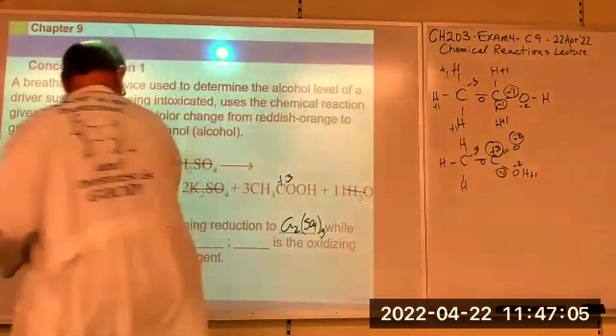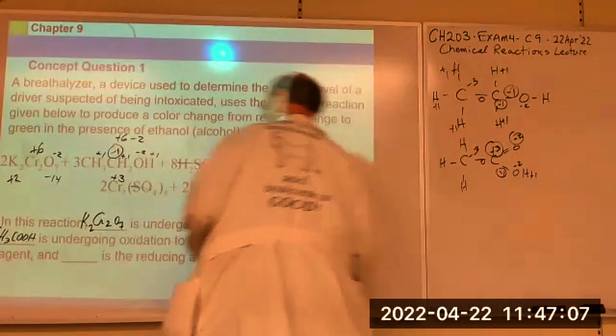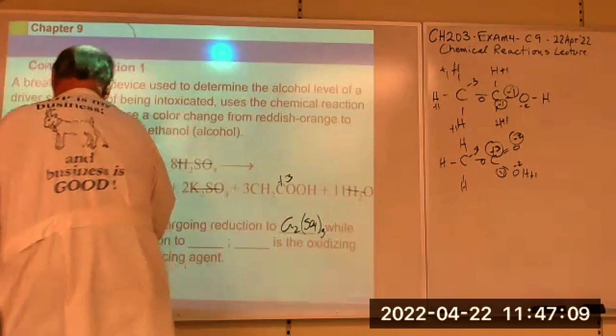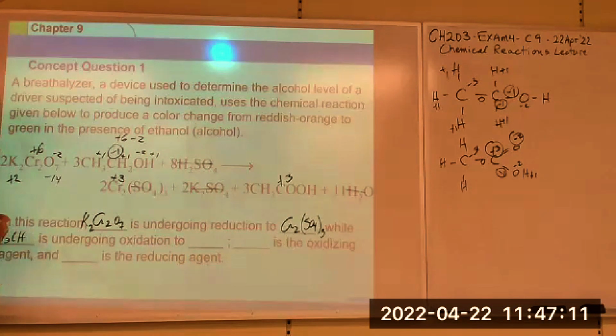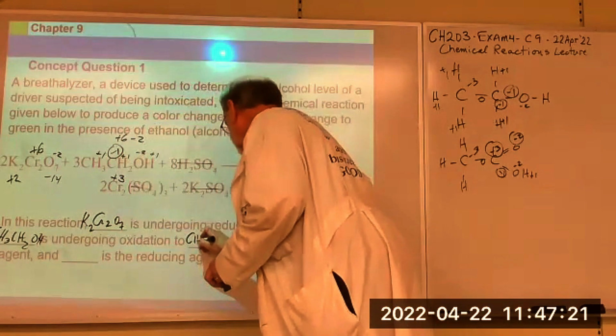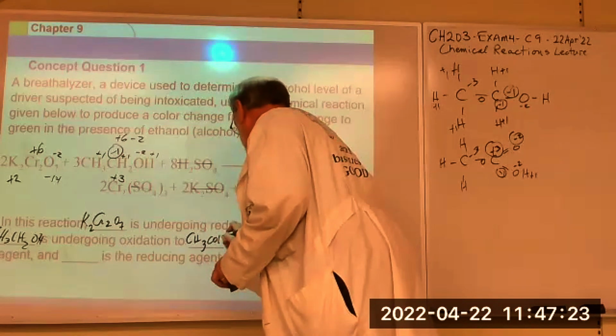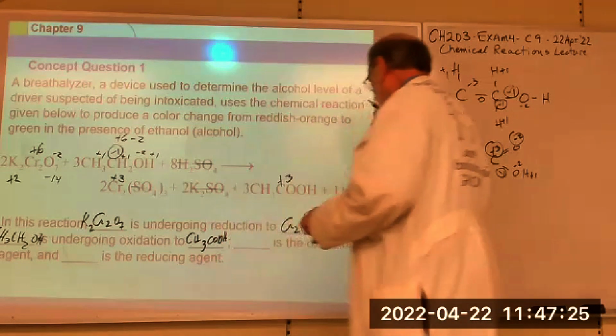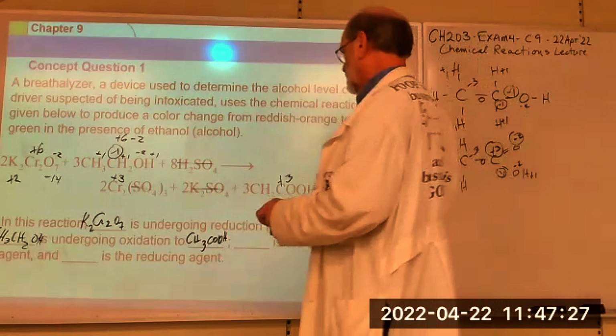Oops, sorry. CH2OH is undergoing oxidation to this one. Right. What's the oxidizing agent?